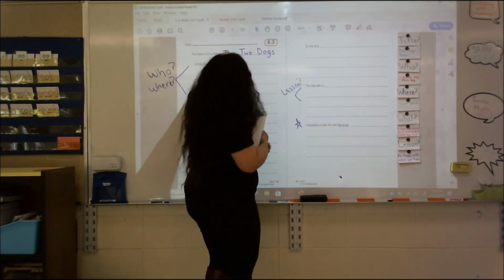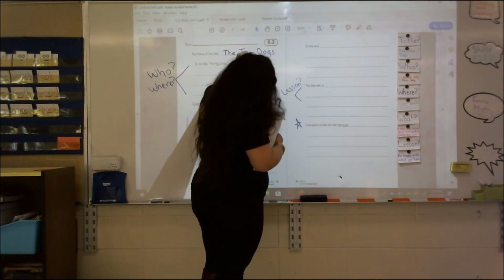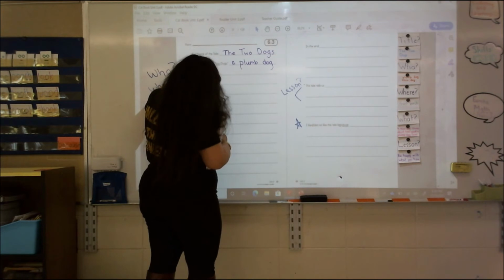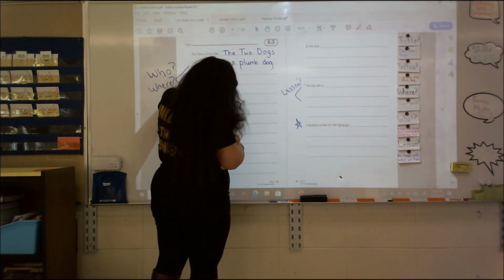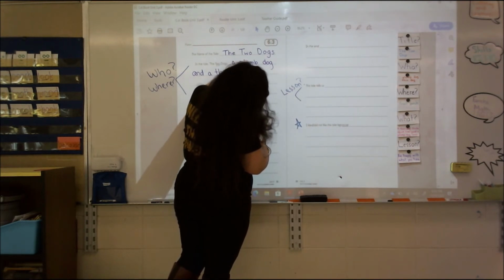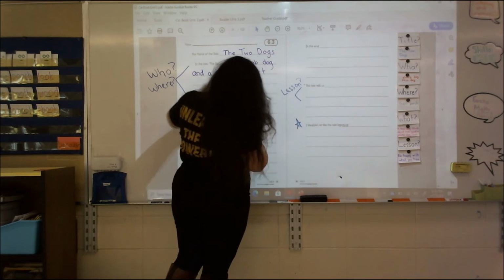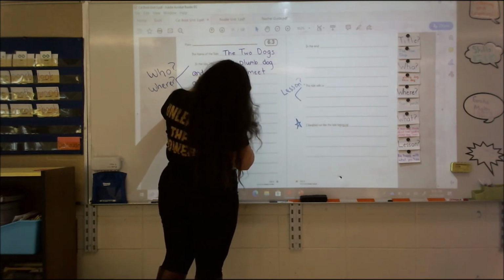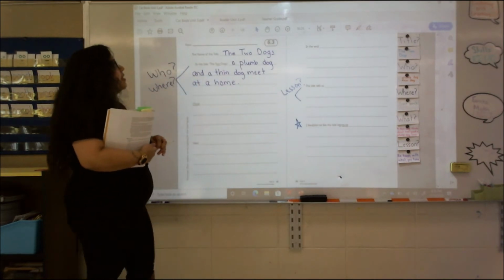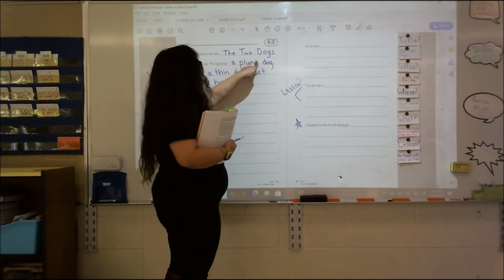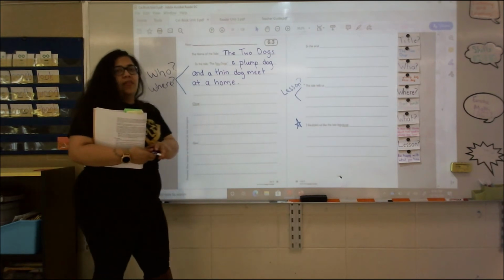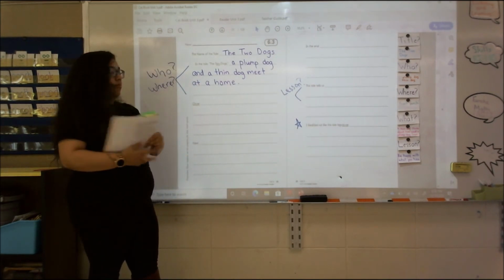So in the tale, The Two Dogs, a plump dog and a thin dog meet at a home. Here is our first sentence. In the tale, The Two Dogs, a plump dog and a thin dog meet at a home.